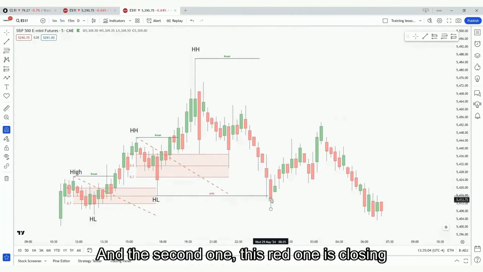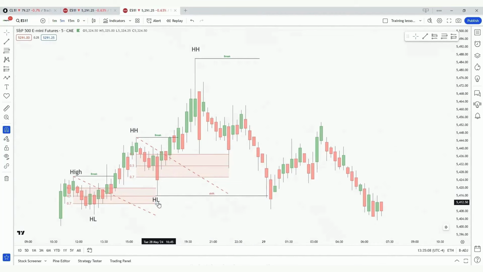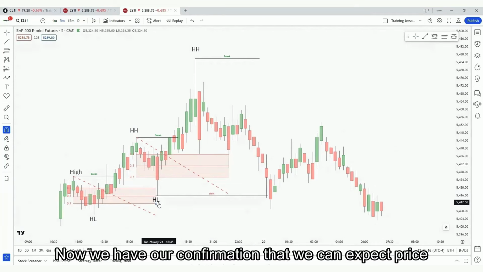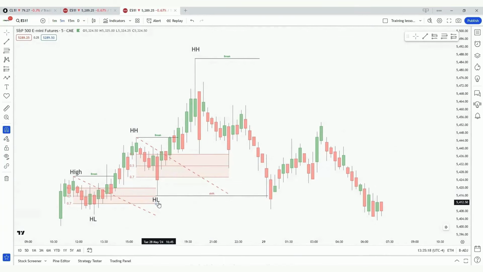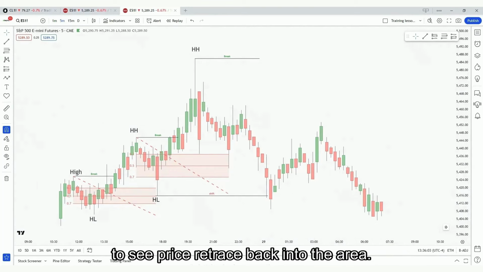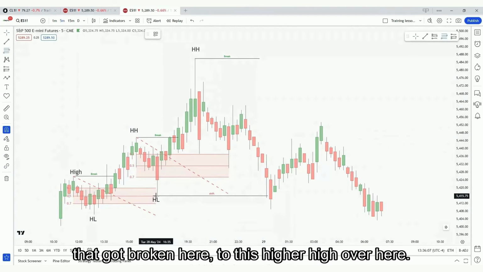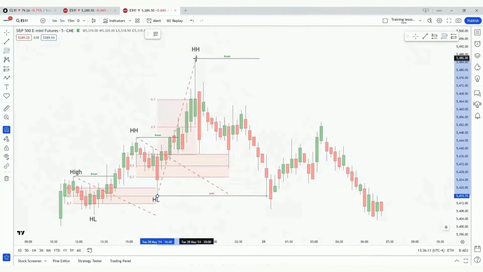And the second one, this red one, is closing below the higher low. Now we have our confirmation that we can expect price to shift into a downtrend. But before we continue further down, we would like to see price retrace back into the area. And that area is this higher low that got broken here to this higher high over here.